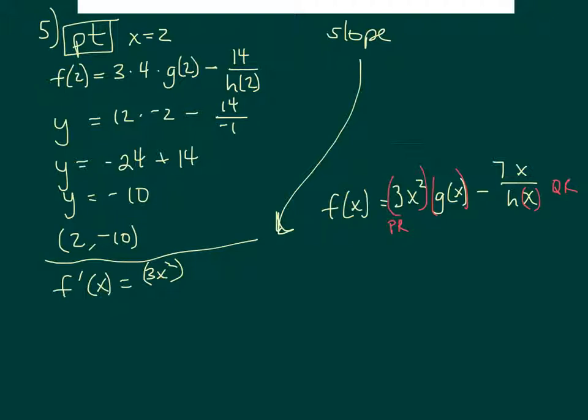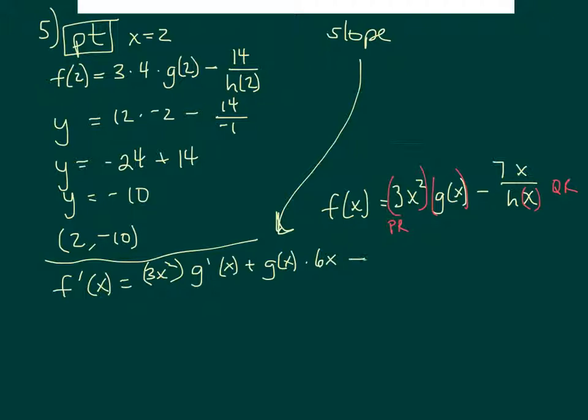When we take the derivative of g of x, we just write g prime of x, plus second, which is g of x, times the derivative of the first, which would be 6x. That's our product rule.